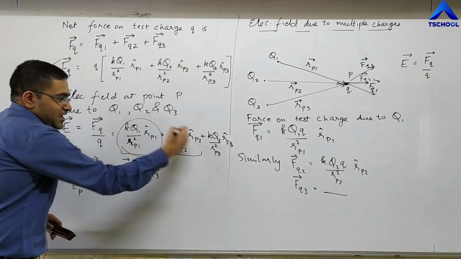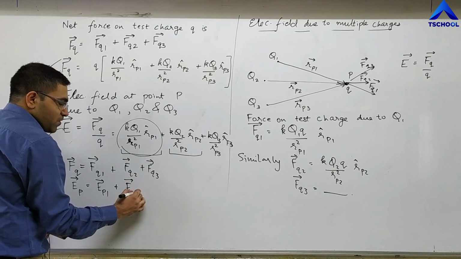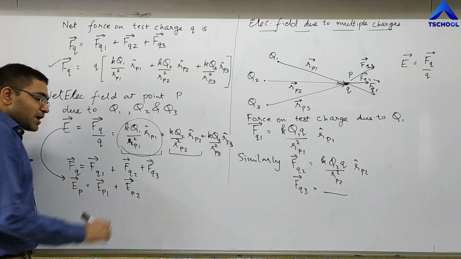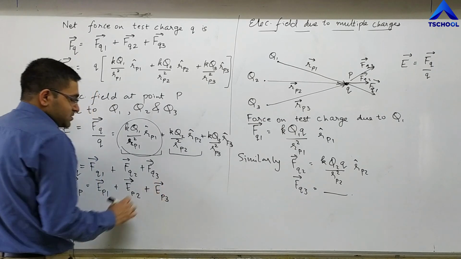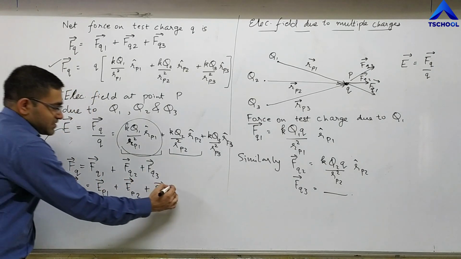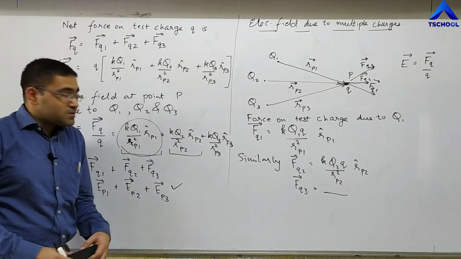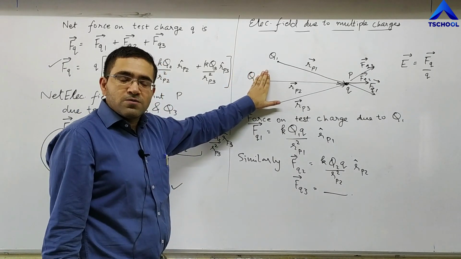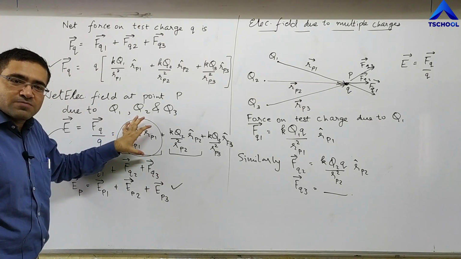Then similarly, the second term over here is the contribution to the electric field at P that's coming from the second charge, Q2. And finally, the third charge. So what we can see over here is actually the superposition principle. What I mean to say is, suppose there was only one charge, Q1, then the electric field would only have this term in its expression.